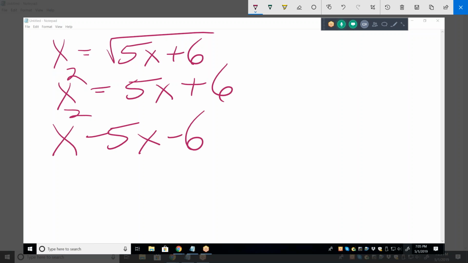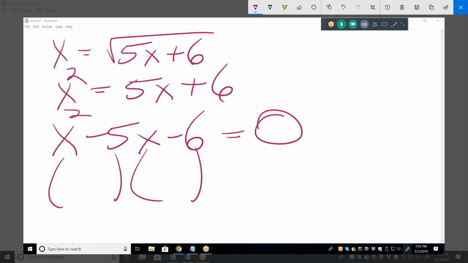Is this an equation? Hold on. If it's an equation, it needs an equal sign and something on the other side. Equals 0. Okay. Now what? Factor that, so it would be x's, and then negative 6, positive 1.